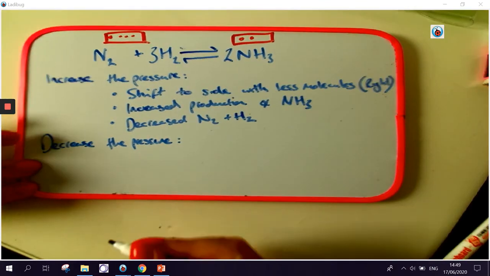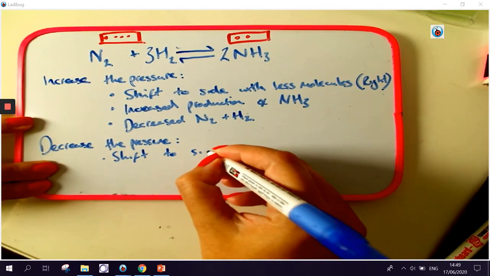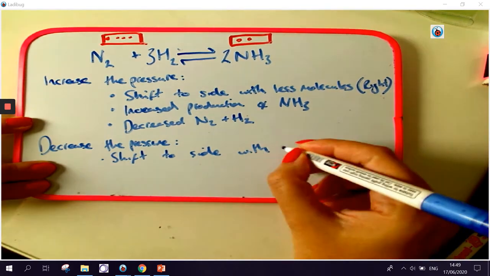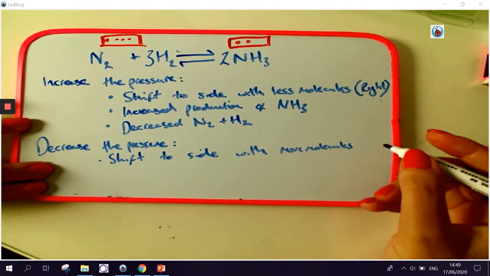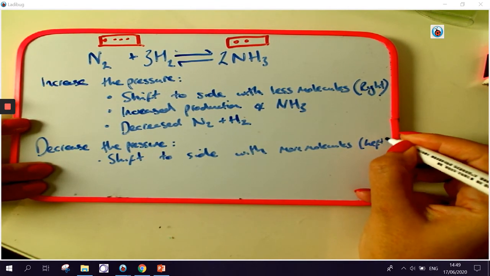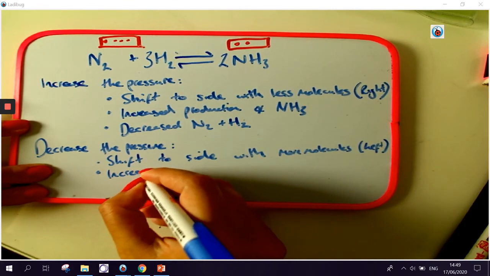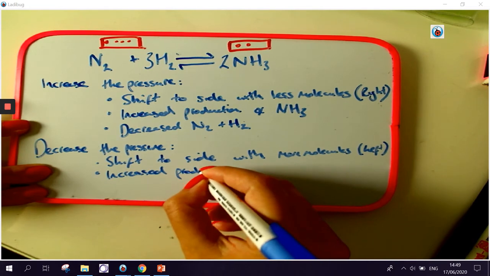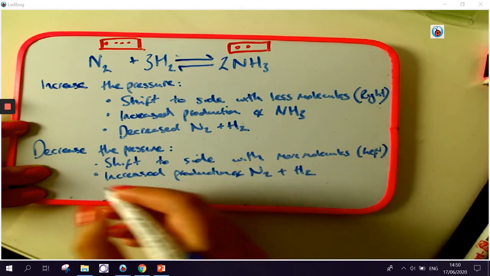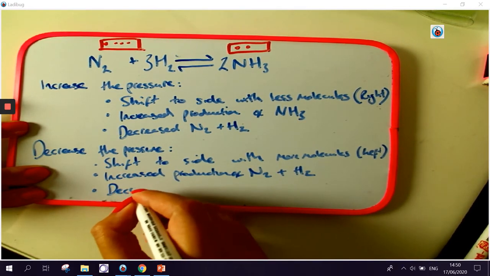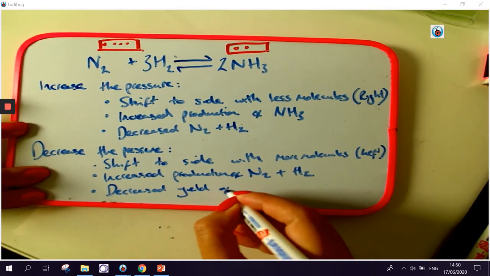If I decrease the pressure, it'll shift to the side with more molecules, which in this case would be to the left. This would give us increased production of nitrogen and hydrogen and a decreased production or yield of ammonia.